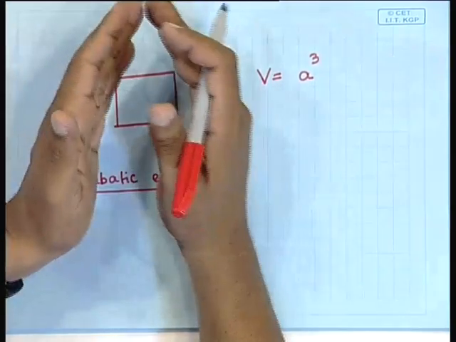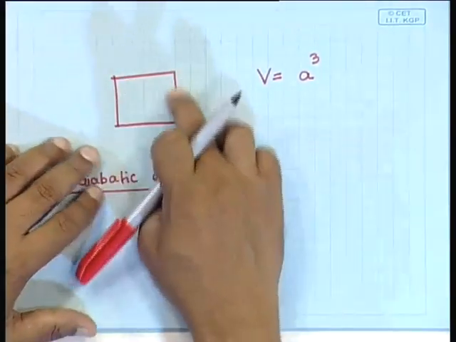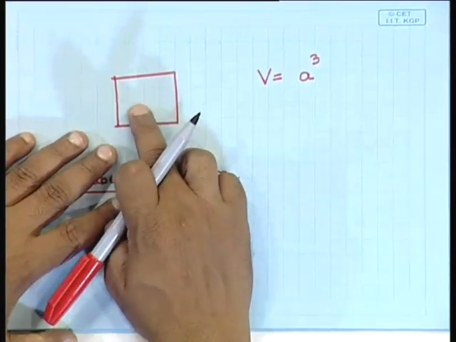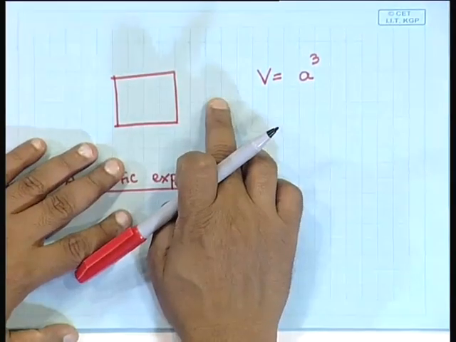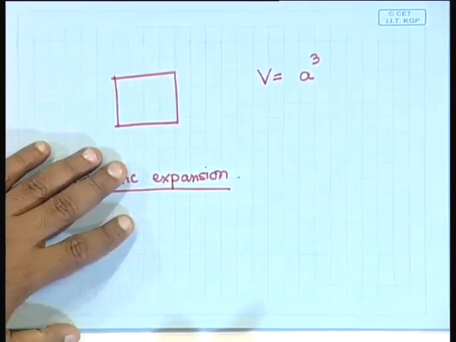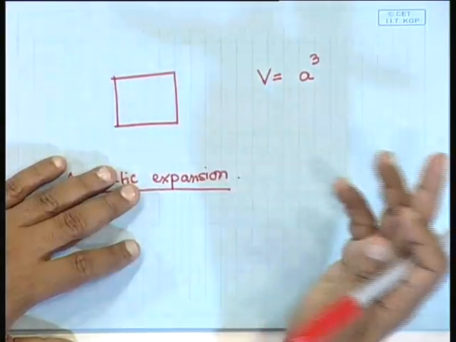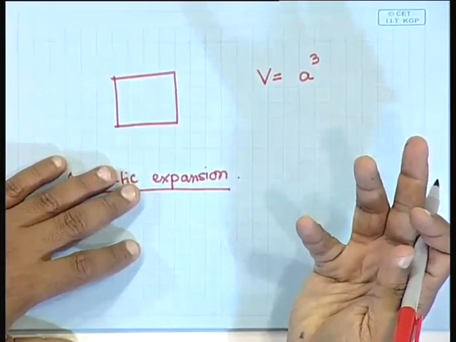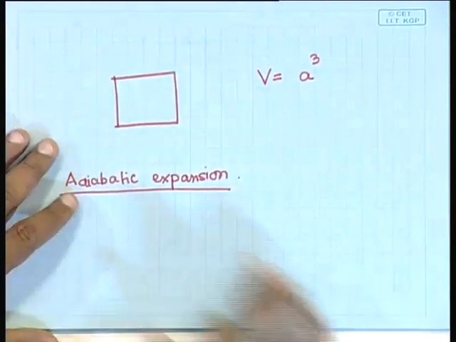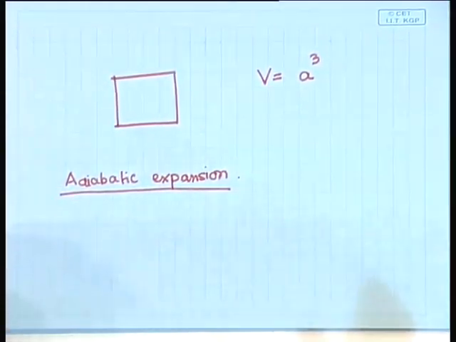What we mean is, as the universe expands, we are looking at a part of the universe, there is no heat exchange between this part of the universe and the next. One justification could be that the universe is homogeneous and isotropic. If it is homogeneous and isotropic, the temperature here will be the same as the temperature in the other part of the universe. So, there is no reason why heat should flow, right. Or you could just take it as an assumption that the expansion is adiabatic.